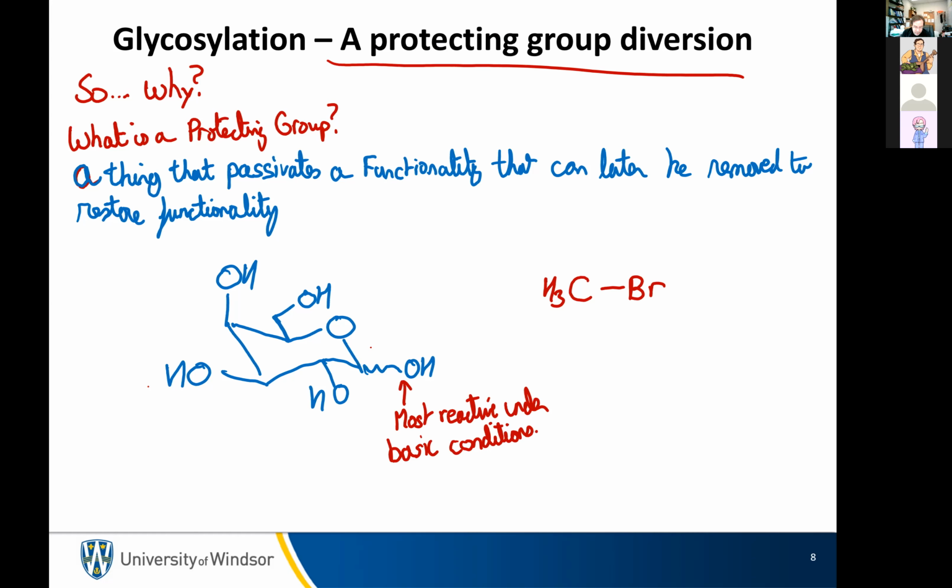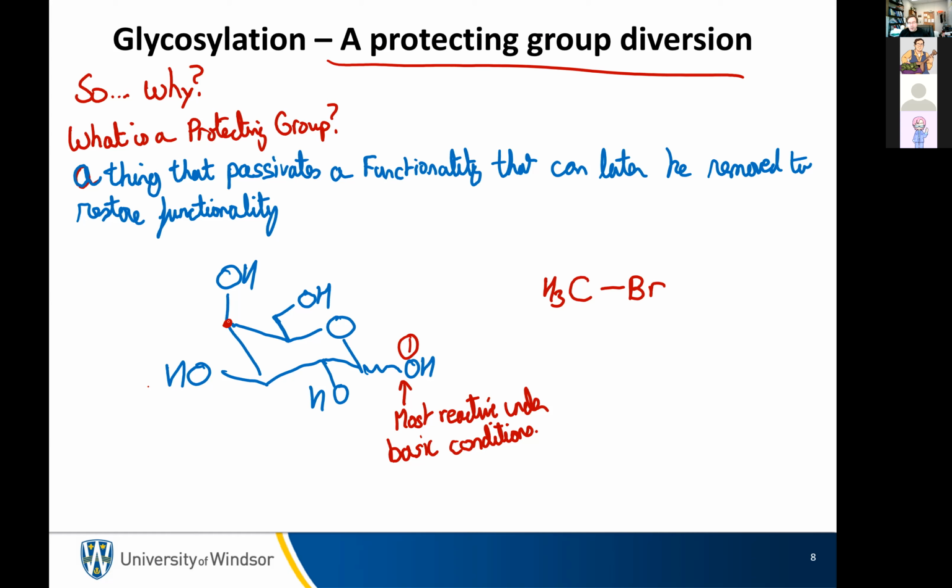Sorry, Hazel, you were saying? No, I was just thinking it's probably not the anomeric one. So maybe, wait, is that 4? The axial one. Okay. 4 is actually not very reactive. So let's step back a second.